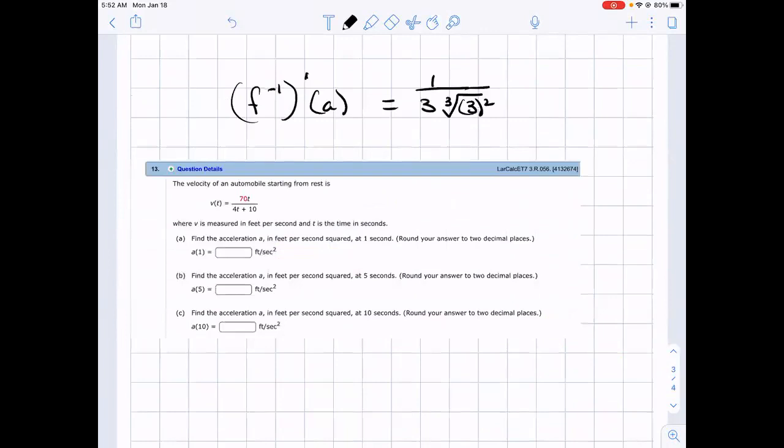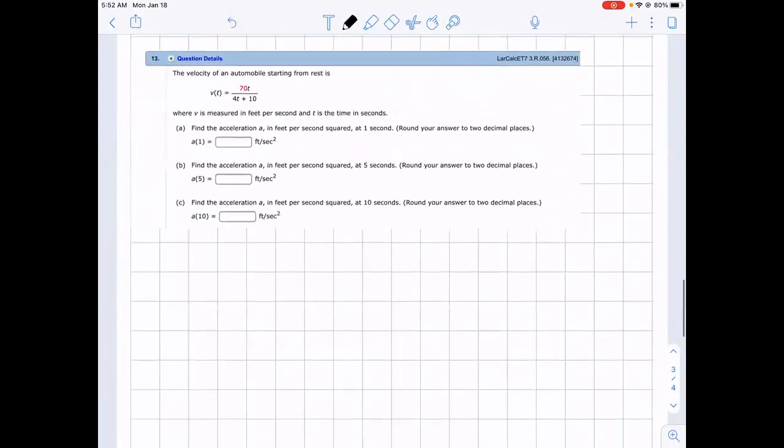Okay. So here is another question that was asked to do with velocity. So here you're given the velocity function, right? So keep in mind, if you have the position function, you can get the velocity and the acceleration function. If you have the velocity function, you can get the acceleration function.